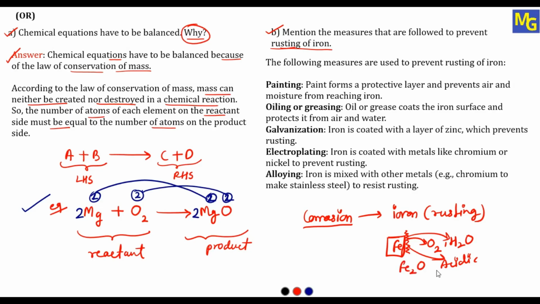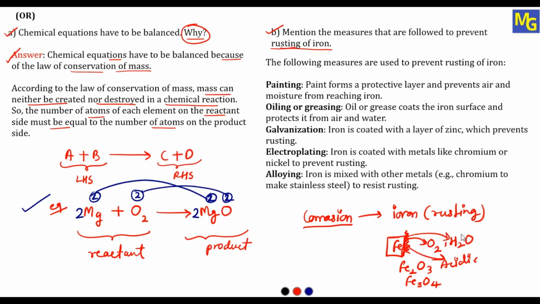It may be Fe2O3 or it may be Fe3O4. Due to this oxide formation, the iron atoms which are reacting will get destroyed, and this is nothing but rusting.